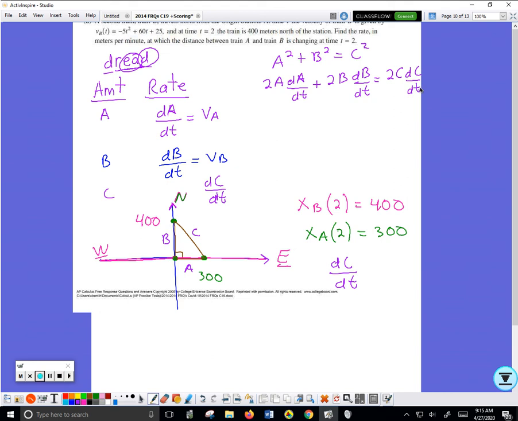Awesome. We're trying to find dC/dt, so now it's a matter of just plugging things in. Let's check our scoring guide. If we get that far, they'll give us 2 points for that equation that I just wrote.